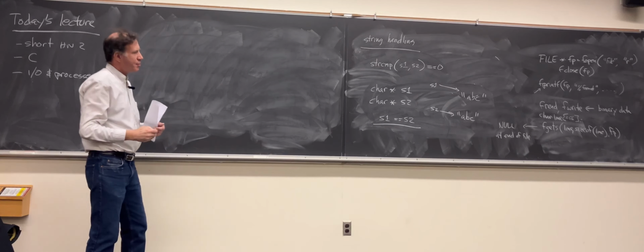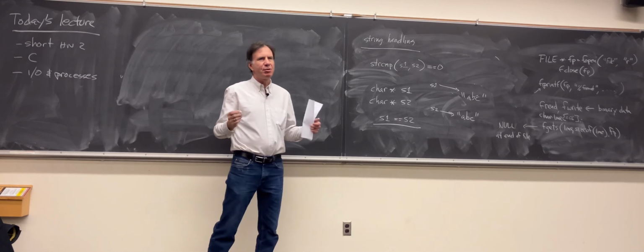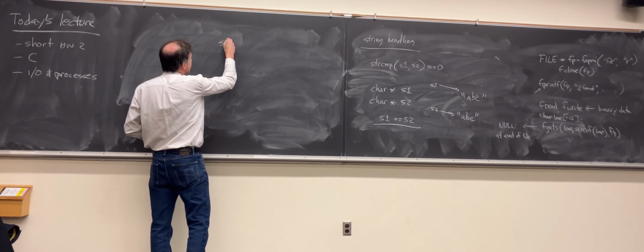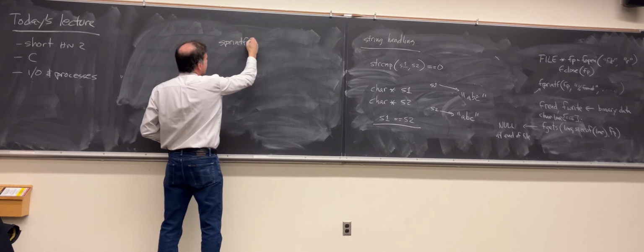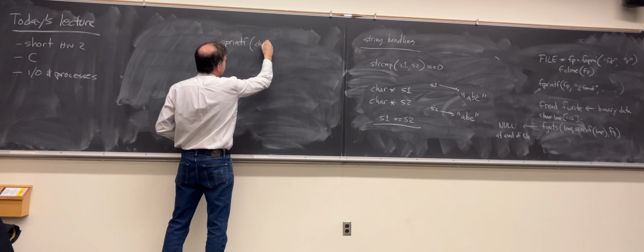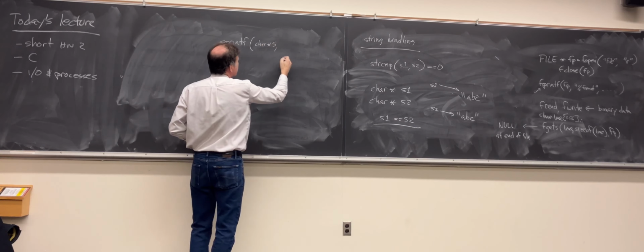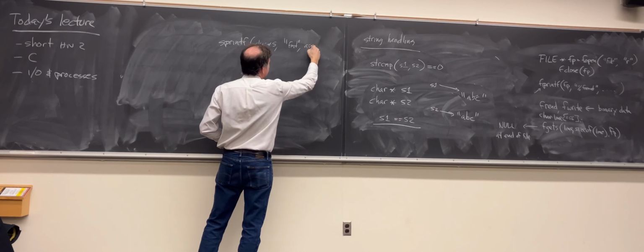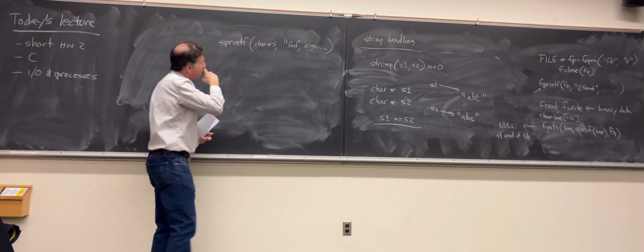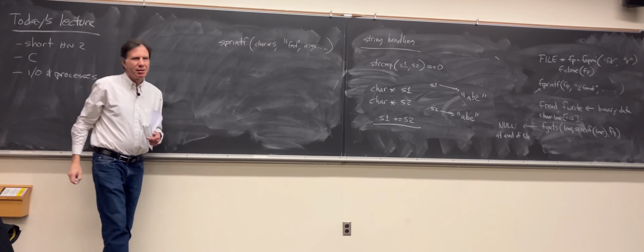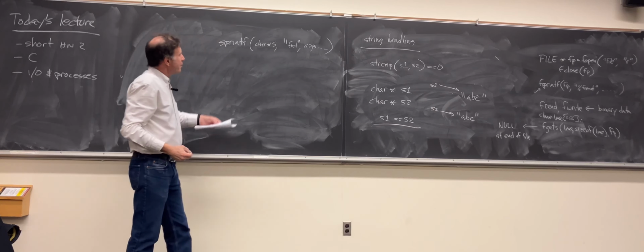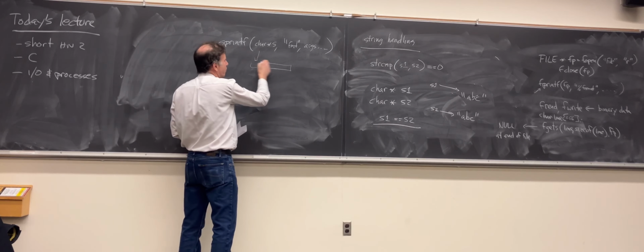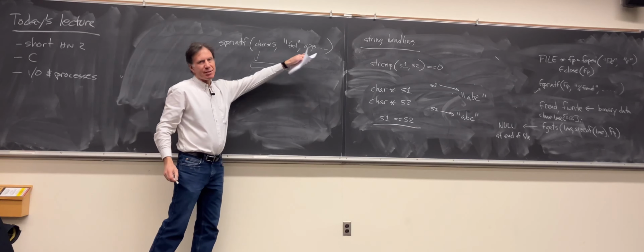There are various ways to copy strings around and do other things like that. But honestly, there's a variant on the printf function that takes a char star pointer to a buffer, and it prints into it.